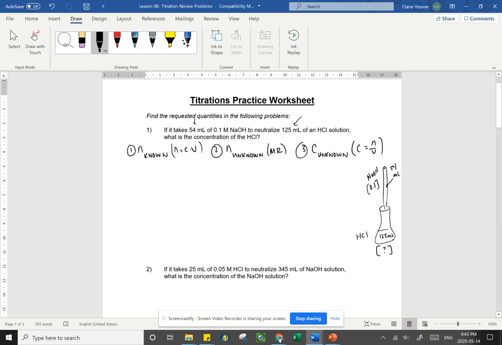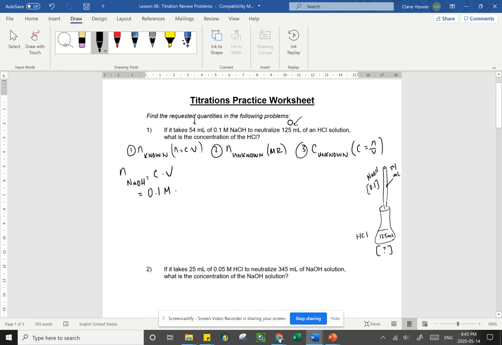Okay? So first thing I'm going to do, what do I know my information about? Well, I know my information about NaOH. That's what's in the burette. I know it because I have the concentration and the volume. Okay? So moles is always concentration times volume. Concentration given to me in the question, 0.1 moles per liter.